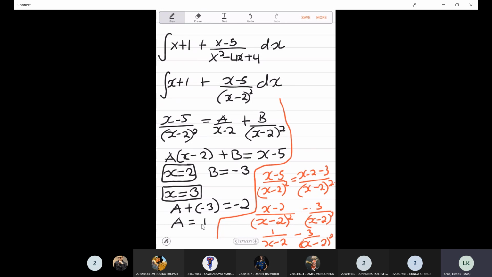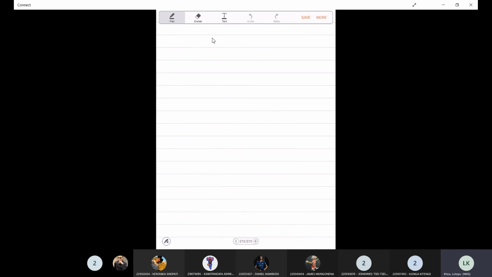So now that I have my a and my b, I can rewrite this integral. So what I'm integrating is x plus 1 plus 1 over x minus 2 minus 3 over x minus 2 squared dx. Okay, and now all these terms are pretty easy to integrate.